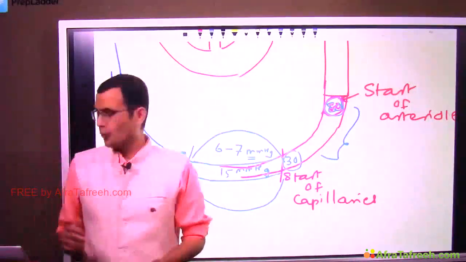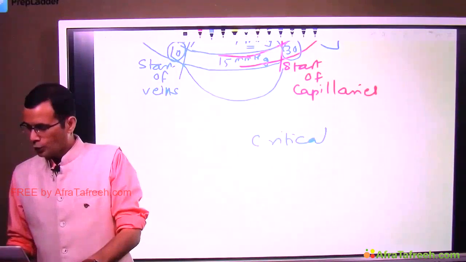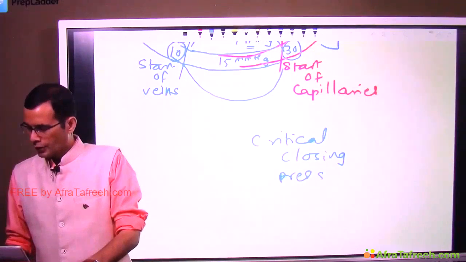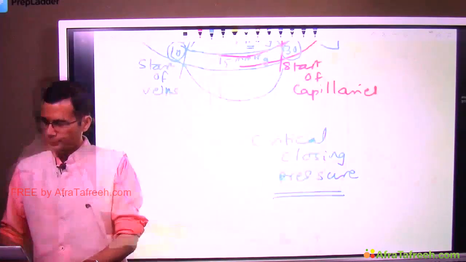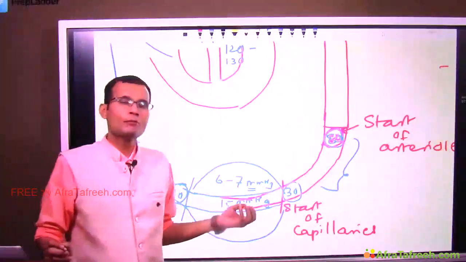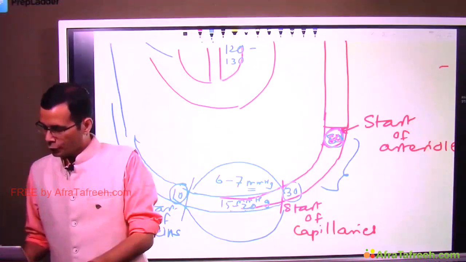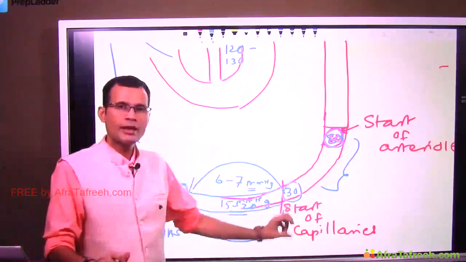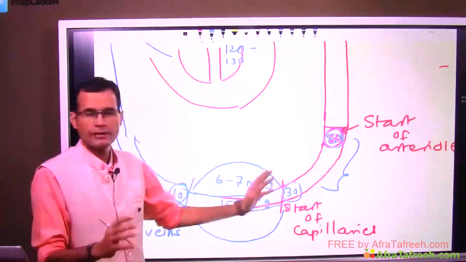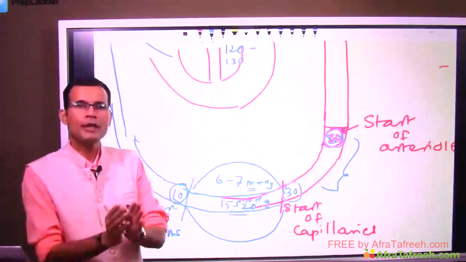And then the third point is, what is critical closing pressure? Well, if I say capillary pressure, I've given one figure, 15 mm of Hg. Let's take the average as 15 to 20 mm of Hg, just to understand this particular point. Because it starts at 30 at the start of the capillaries and ends at 10 at the end of the capillaries, so we can fairly say it's 15 to 20 mm of Hg.